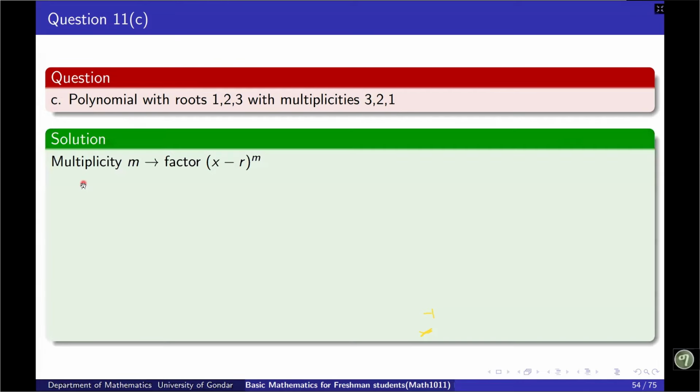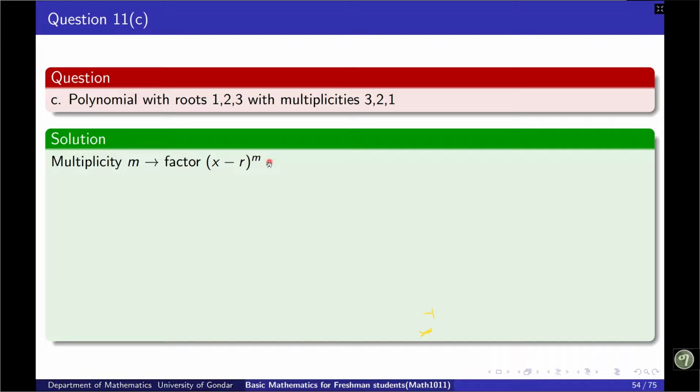So just to do this, let us say something about roots with multiplicity. r is said to be the root of the given polynomial function with multiplicity m whenever x minus r, to the power of m, is a factor of the given polynomial function.